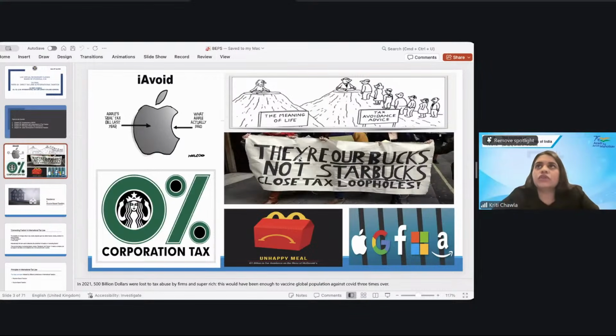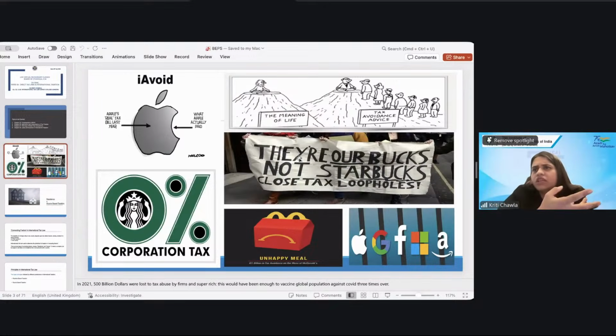Tax evasion is minimizing the tax liability for sure, but it does it in an illegal manner: forging documents, deflating the income or inflating the expenses through illegal means, etc. That's basically tax evasion. The point is that tax evasion is punishable under the domestic laws of a particular nation. It's punishable under the Income Tax Act of 1961.